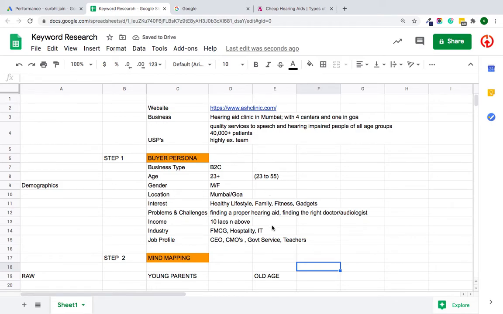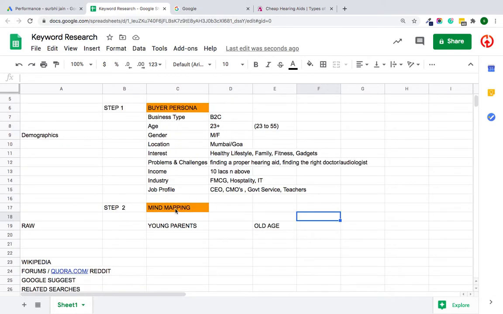So here we have created a kind of buyer persona, a demographic, so we know what exactly our audience is. Now step 2 is mind mapping. We need to think as our buyer persona, what our buyer or customer would be searching about.